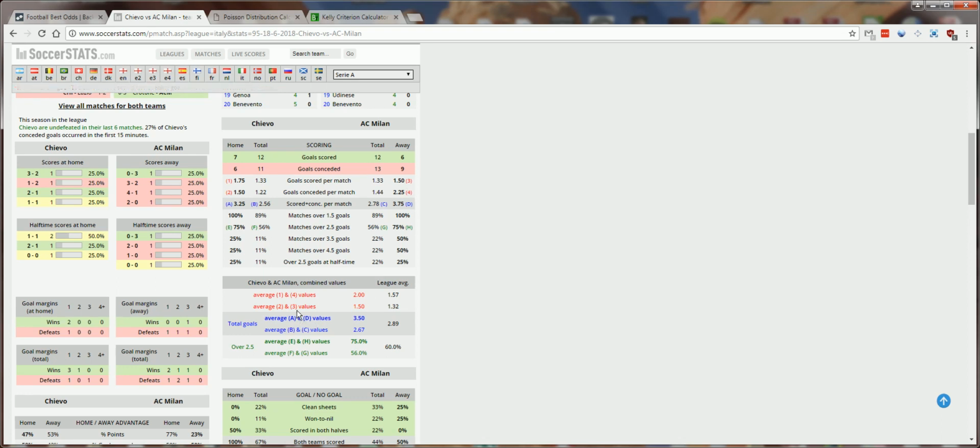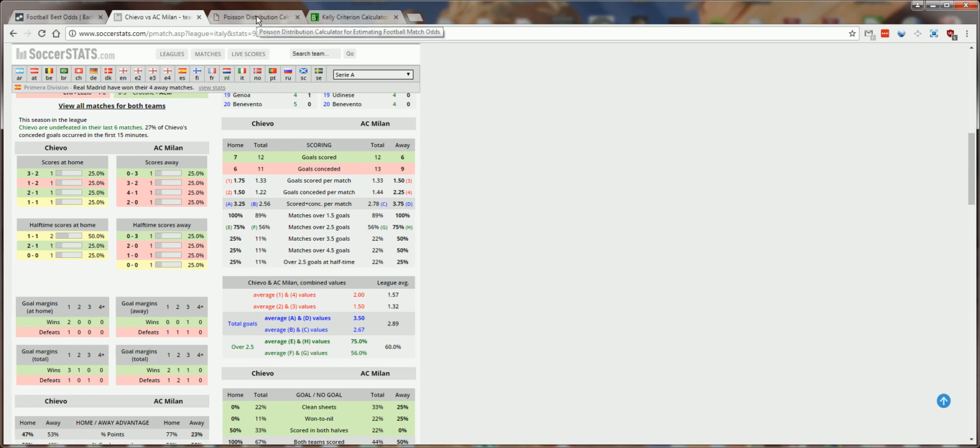And average 2 and 3. 2 is goals conceded per match at home for Chievo, 3 is goals scored per match for Milan. So obviously all we're looking at really is the number of goals Chievo will score, the number of goals Milan will score, and how many conceded. So we're getting a really quite rough average of how many goals we should expect.